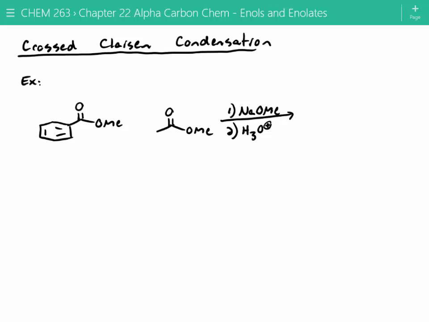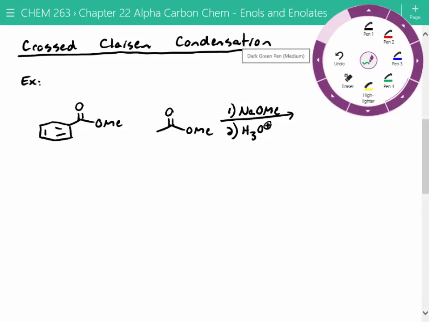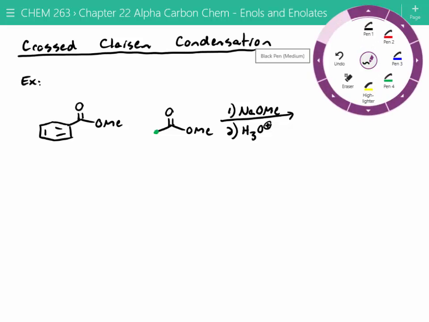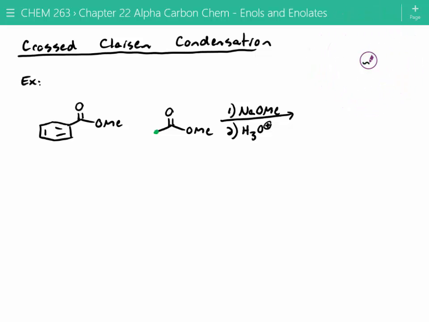Do we have any alpha protons on methyl benzoate? No, so that can't act as the nucleophile in this case. If we look at our other ester, methyl acetate, this can act as a nucleophile because it does have alpha protons. So if we were to deprotonate that alpha position, it could add into methyl benzoate and kick off methoxide.